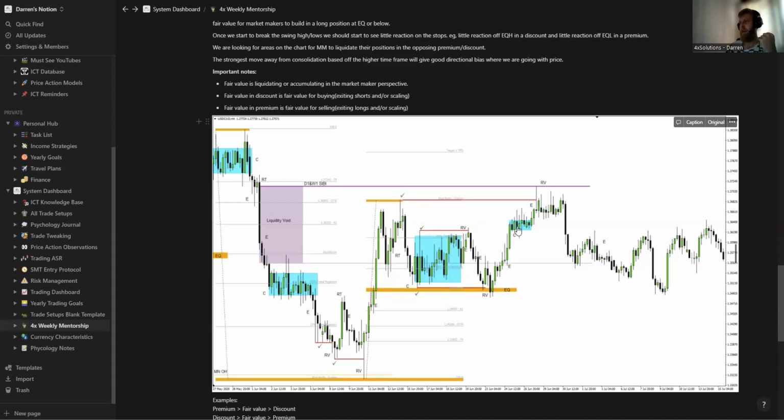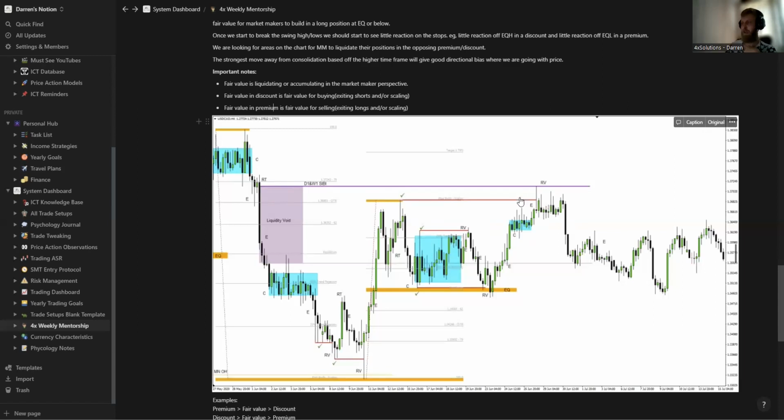And we can see that when it expanded higher, it sort of paused after taking this liquidity over here, and one more move higher to expand, activating the buy stops, but at the same time trading into a higher time frame of a daily and weekly liquidity void over here before going back into consolidation and expanding into the other direction.